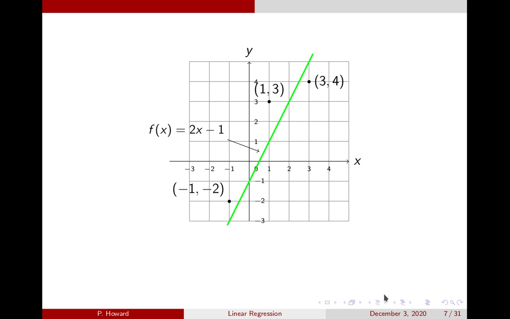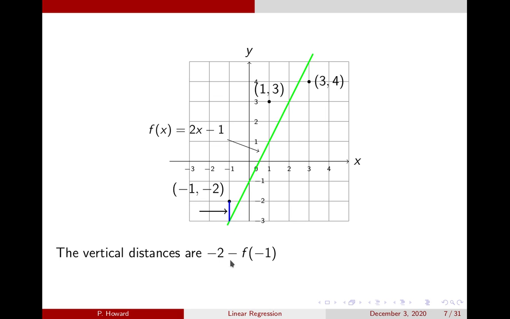Okay, so here we are about to do the 3 calculations. So the first vertical distance is going to be the vertical distance from the point -1, -2 to the green line, the graph of f of x equals 2x minus 1. We are taking the y coordinate of the point, -2, and we are subtracting f of -1, the height of the graph of the function when x is -1.